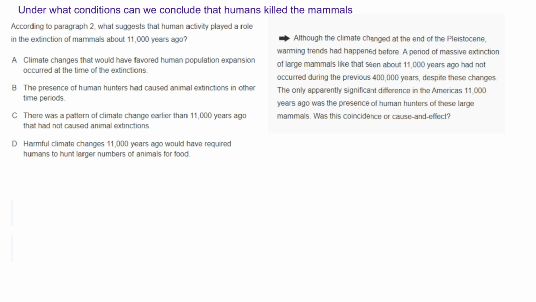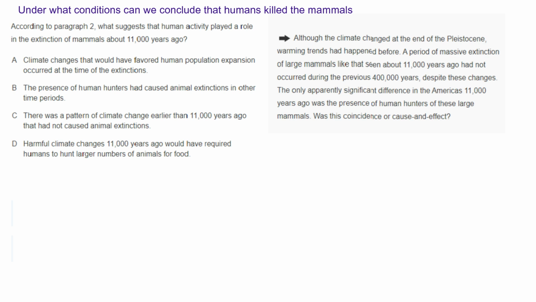Although the climate changed at the end of the Pleistocene, warming trends had happened before. A period of massive extinction of large mammals like that seen about 11,000 years ago had not occurred during the previous 400,000 years, despite these changes. The only apparently significant difference in the Americas 11,000 years ago was the presence of human hunters of these large mammals.